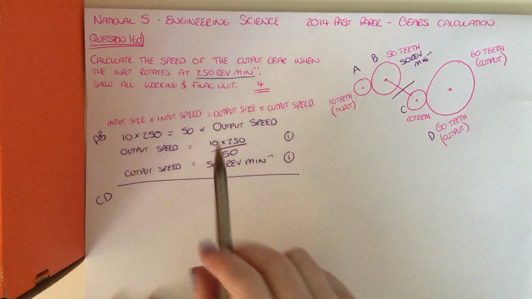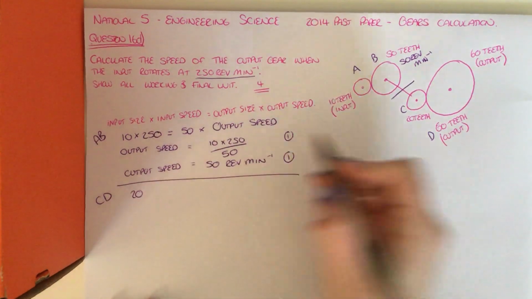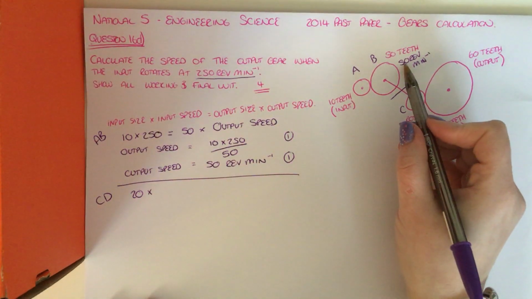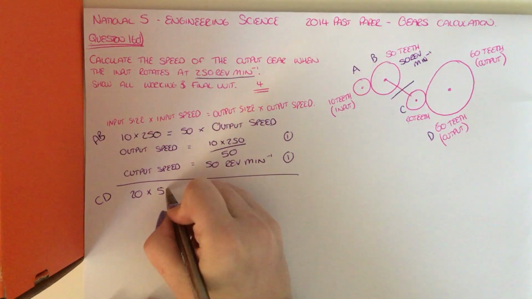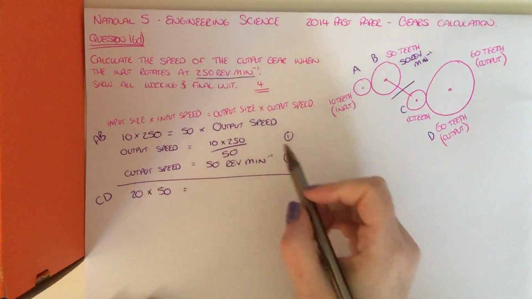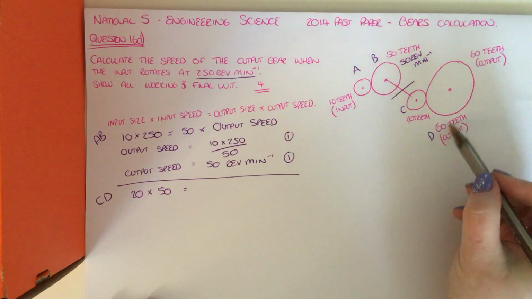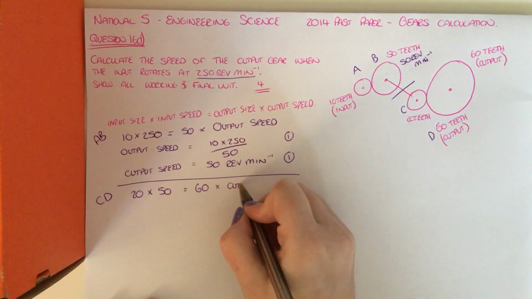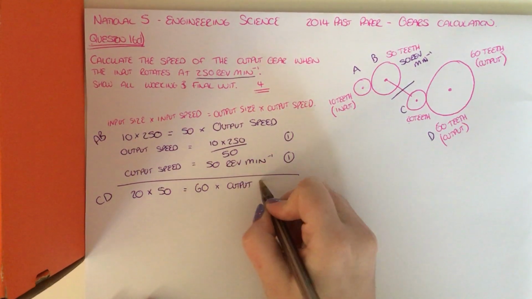So our input size is 20, which tells you in the question. We're going to multiply that by our input speed, which we've worked out previously to be 50. We then have to work out our output size. Our output size is 60 teeth, so that's going to be 60, and we're going to multiply that by the output speed again.